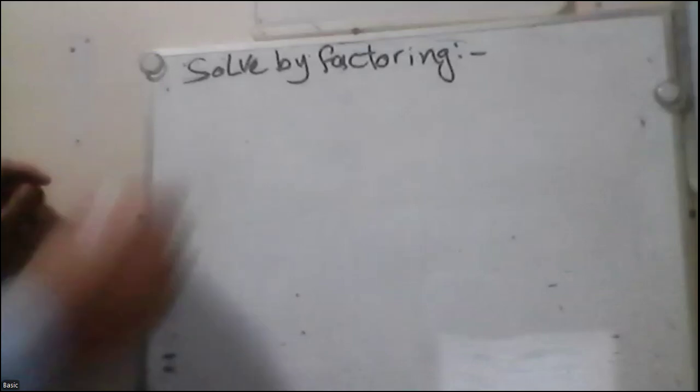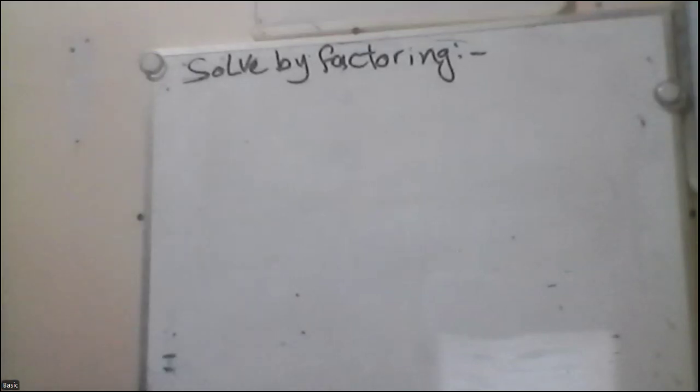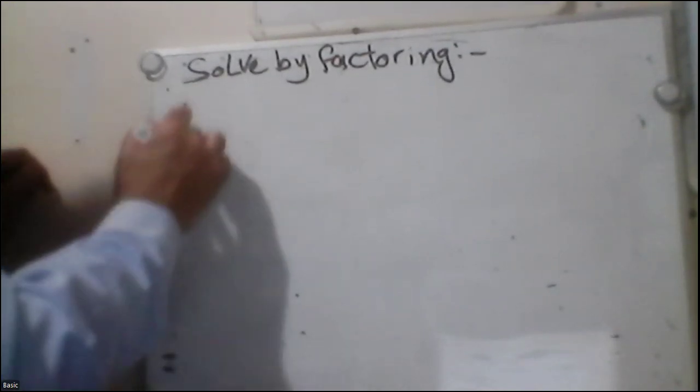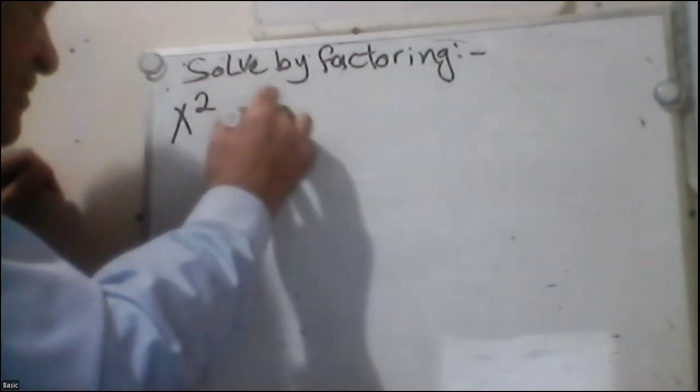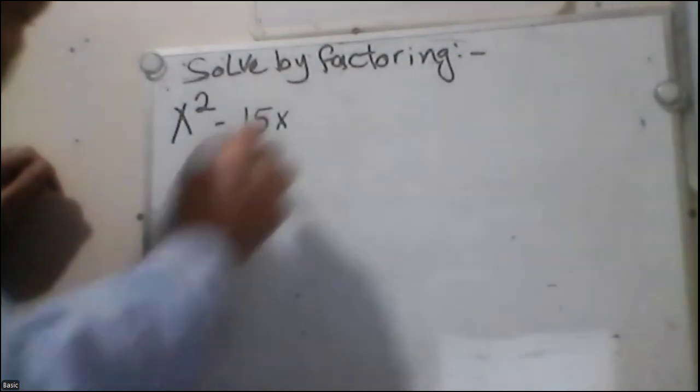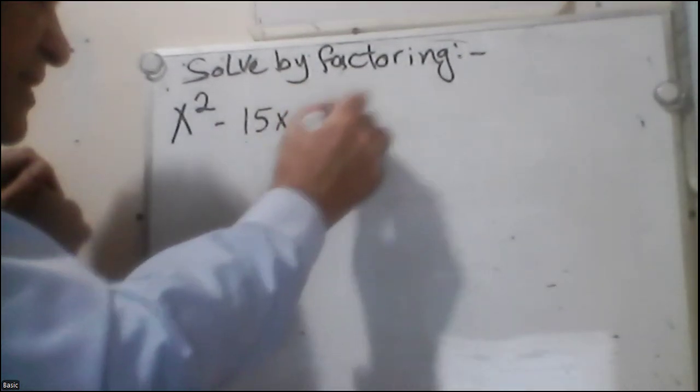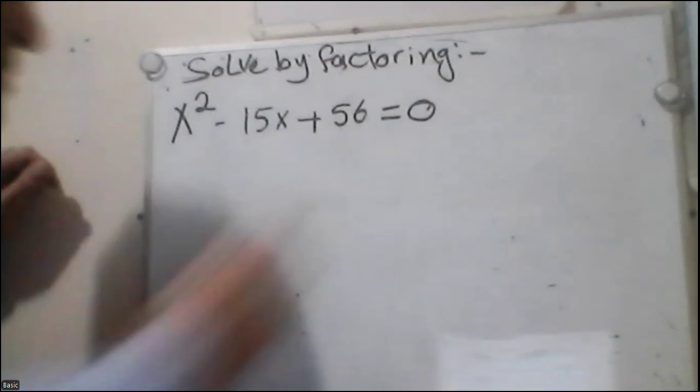Solve by factoring. We have x squared minus 15x plus 56 equals 0.